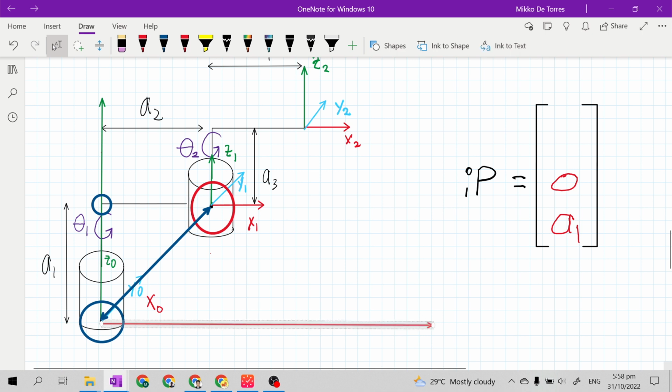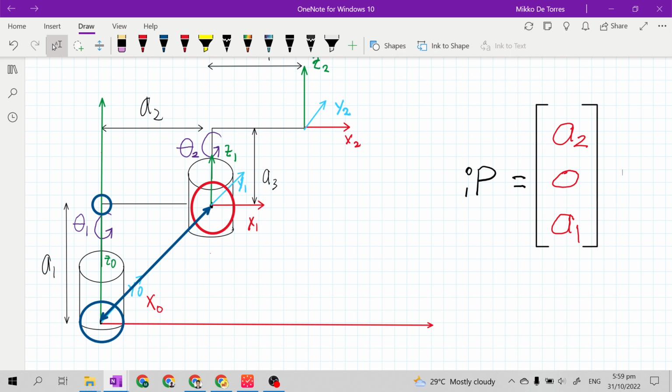That's why we put a sub 2 in our x element, or our x coordinate. Okay, so this is the position vector of frame 0 to frame 1.